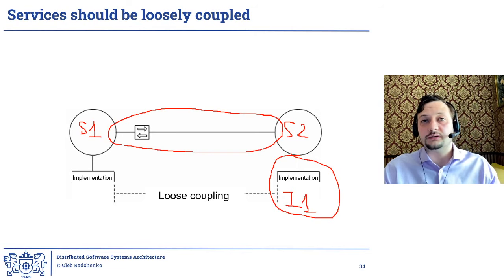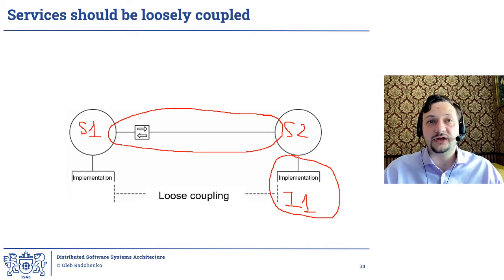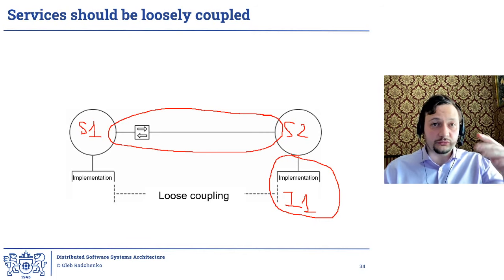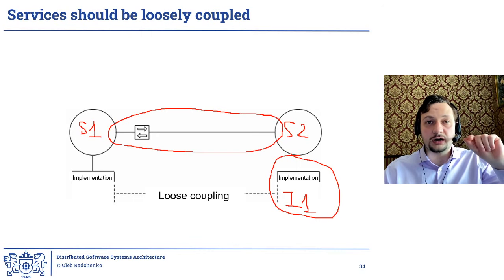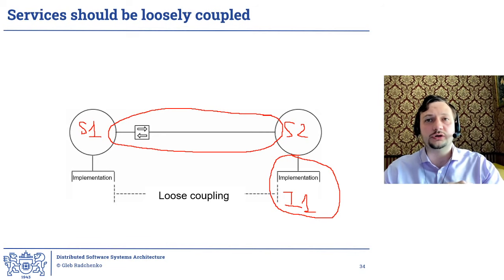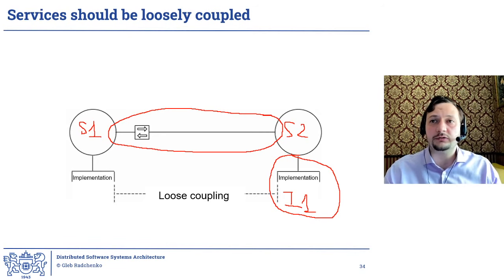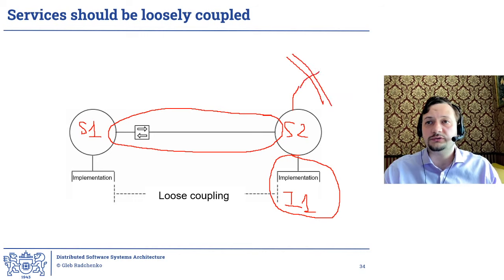But if the team of developers would decide, if you remember in the beginning of the lecture, we described how the authentication team decided that they don't want to create their own authentication service. They want to use an external one. So here is an example where you can use some other implementation.